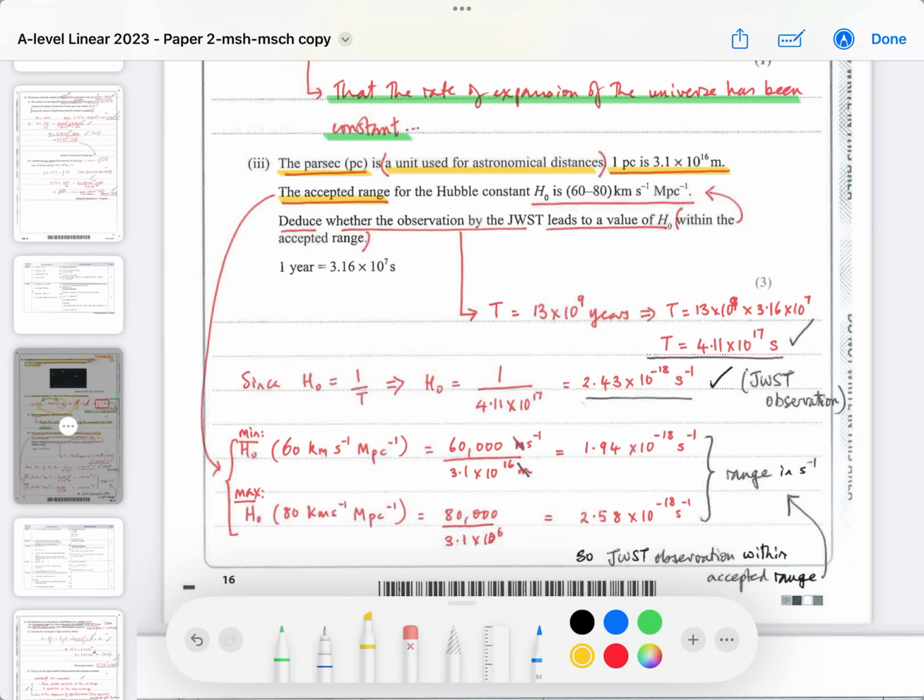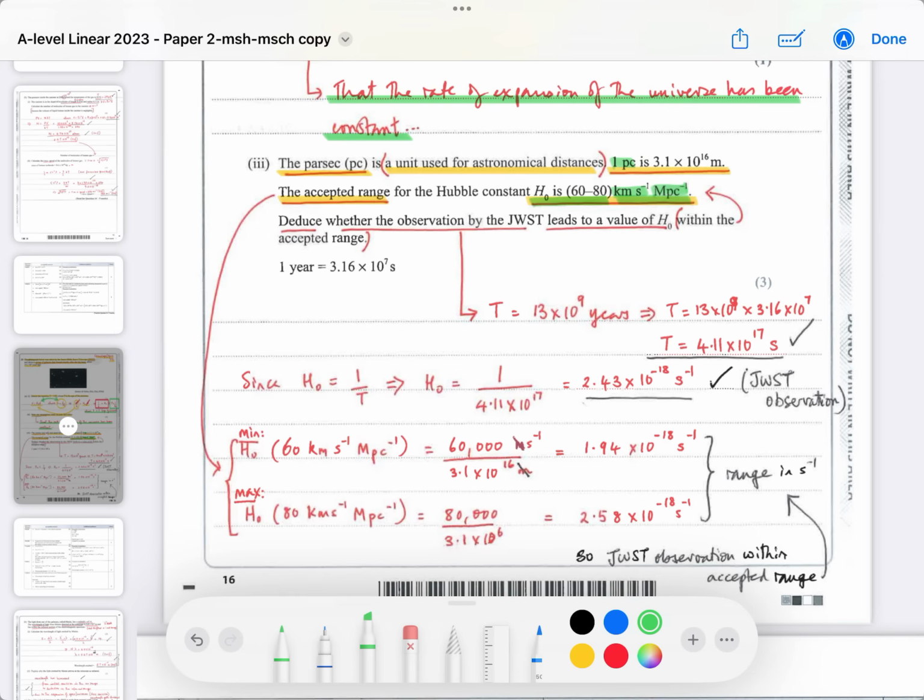The accepted range for the Hubble constant is between 60 to 80 velocity in kilometers per second divided by the distance in megaparsecs. So that's what they do to get a value of h naught, which has an uncertainty, and they know the value is somewhere between 60 and 80. So you could say h naught is 70 plus or minus 10 of these units. We've got to use these units to make it nice numbers.